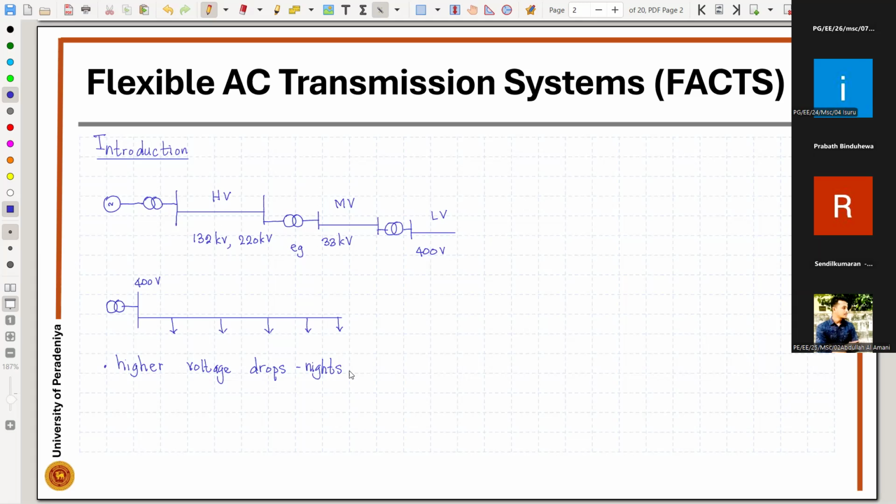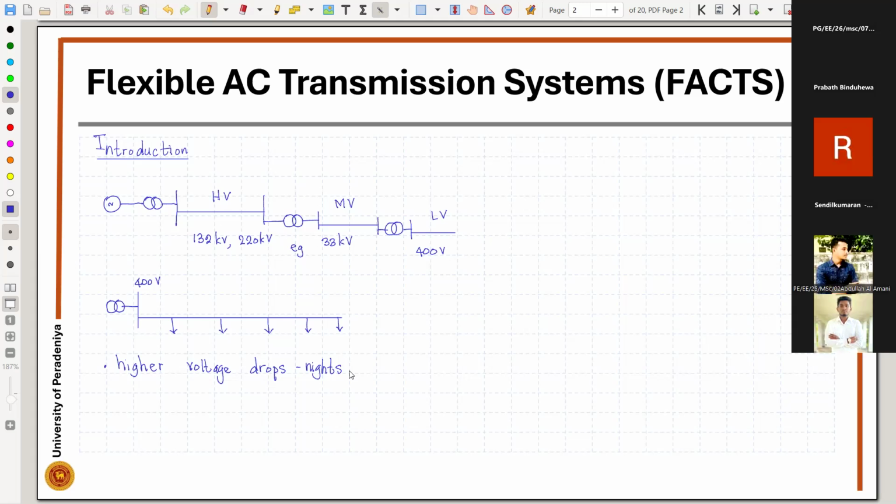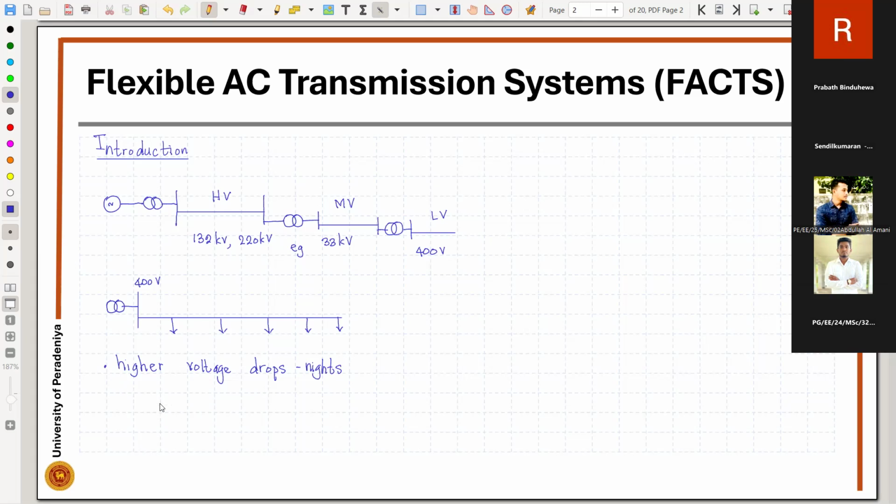I will ask the question again. Is there anybody who is working in the power system industry? Okay, it seems that there is only one person working in it. Now as consumers, you would experience high voltage drops at night. Is that the only thing you have experienced at your home?